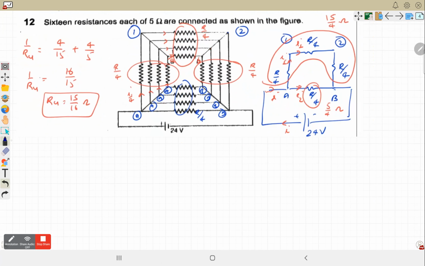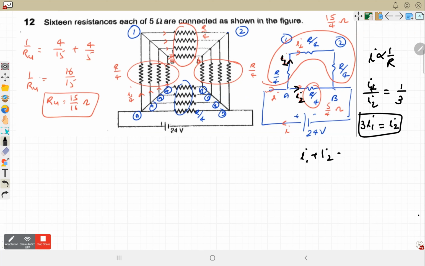So since I is inversely proportional to R, the current when it gets divided is inversely proportional to R. So ऊपर वाले में I1, नीचे वाले में I2. The resistance of R1 is 3 times. So I1 by I2 will be 1 by 3. ये मैंने रेशियो निकाल लिया 15 by 4 to 5 by 4. Resistance ratio is 3, so inverse ratio will be 1 by 3. I2 is equal to 3 I1, and the total current I1 plus I2 is I.